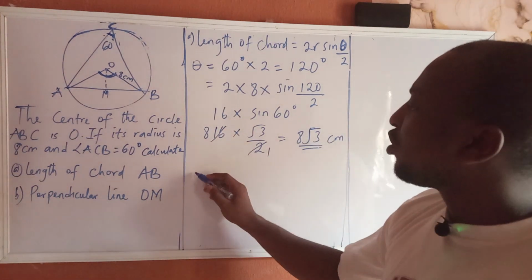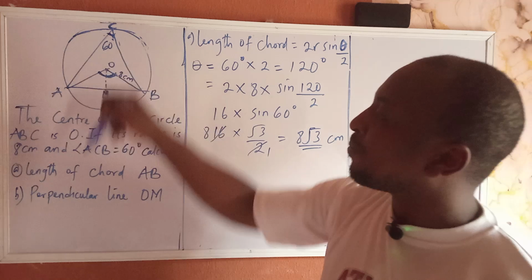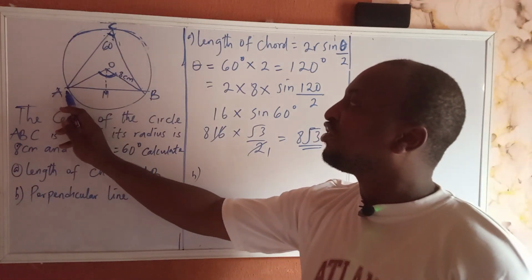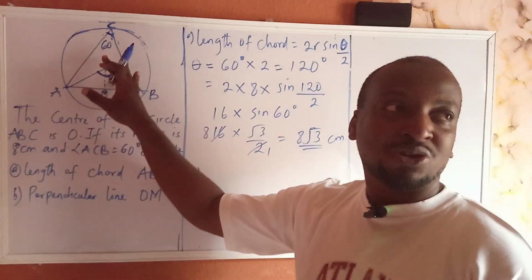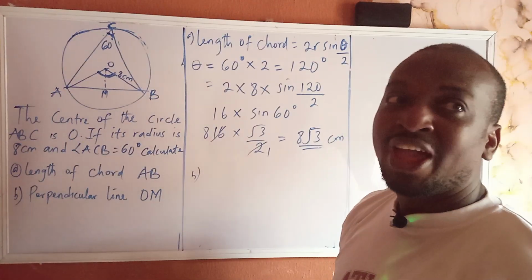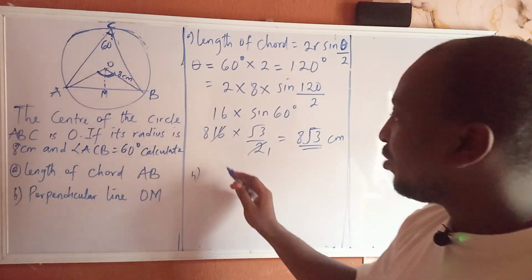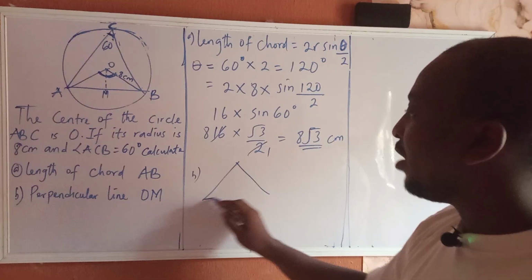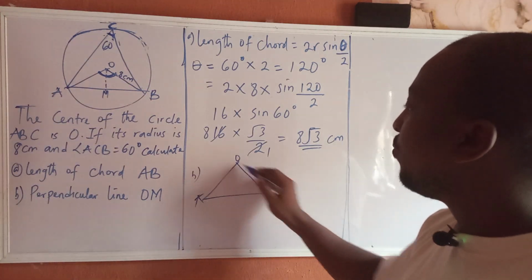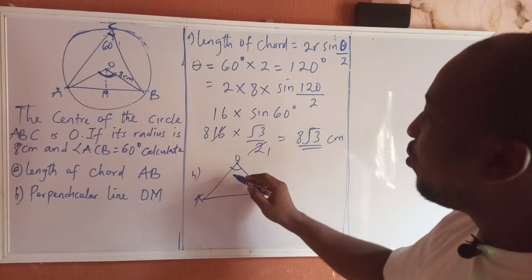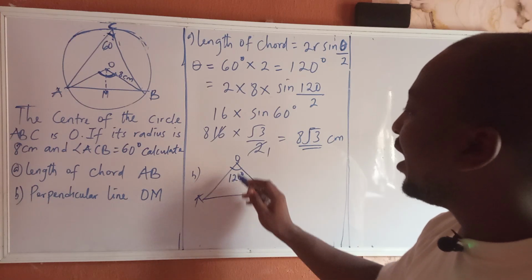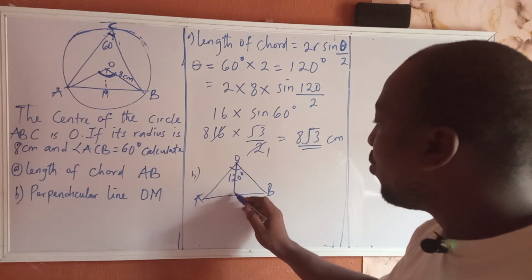Now, the second question, the perpendicular line OM. I will need to bring triangle AOB out of the circle. So let me sketch that out. Triangle AOB. Don't forget our angle O is 120 degrees. And this is line OM.